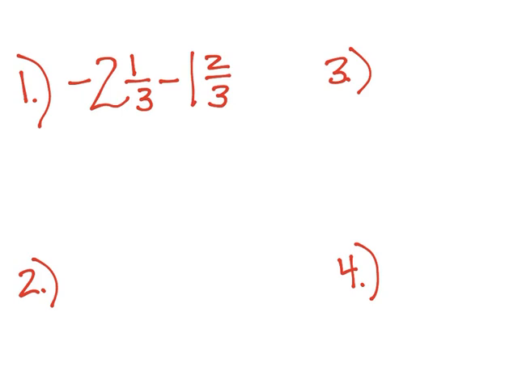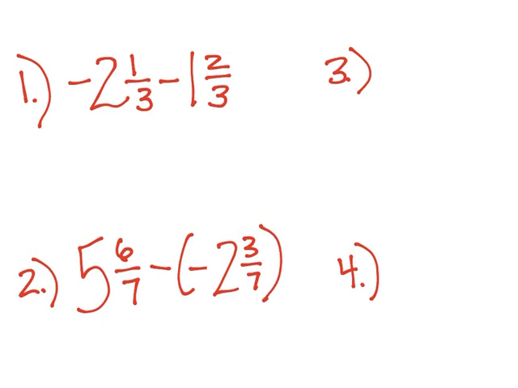1 2/3. Okay. The next one is 5 6/7 minus a negative 2 3/7.